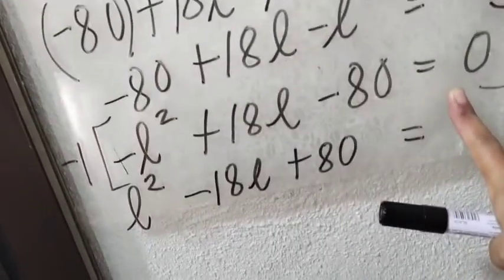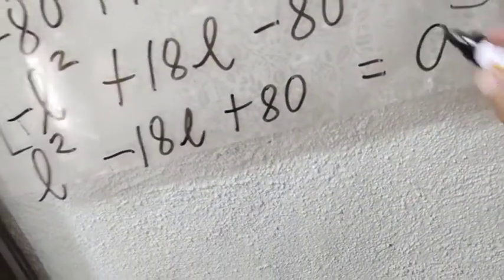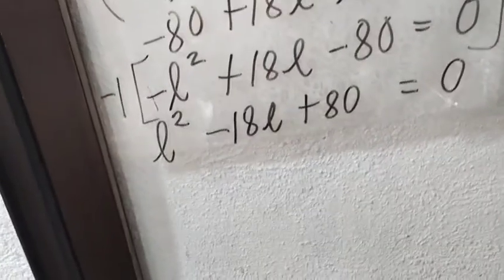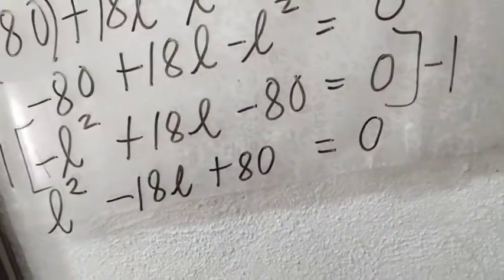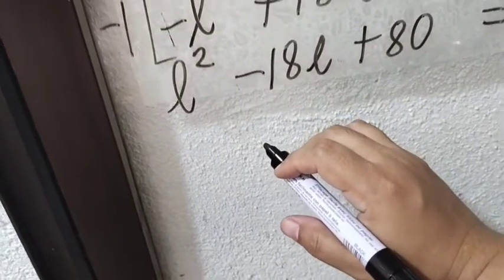Any number multiplied by 0, the answer is 0. Then 0 times negative 1 is of course 0. So, hawig na siya. Pareho na siya. Diba? Ngayon, ililive as blanco na tong factors nito for you to find the value of each dimension. So, magpa-factoring na tayo.